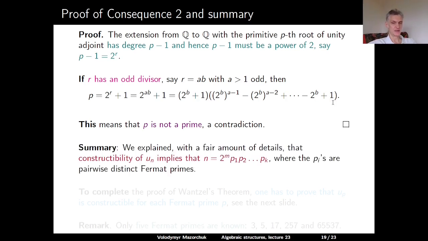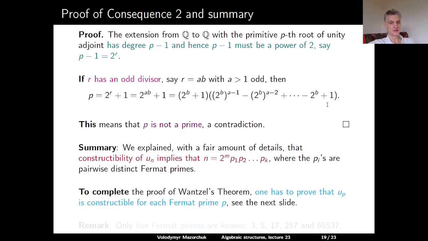So, as we have seen, constructibility of u_n implies that n can be written as 2 to the power m times a product of distinct Fermat primes. To complete the proof of Wantzel's theorem, we need to prove that each u_p where p is a Fermat prime is constructible. We will discuss this on the next slide.